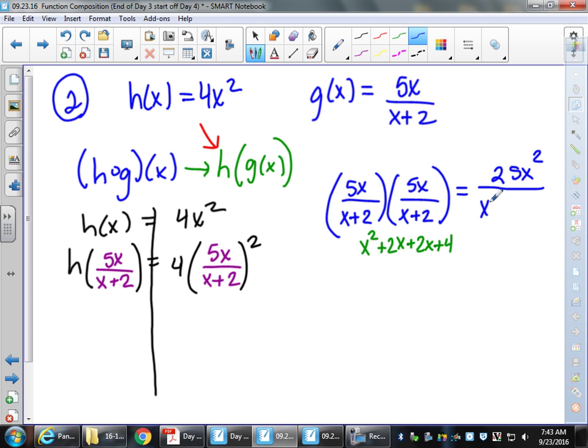Oh, careful. x squared plus 4x plus 4. Very good. We're going to bring this back into our work. So this now becomes 4 times our result, 25x squared divided by x squared plus 4x plus 4.